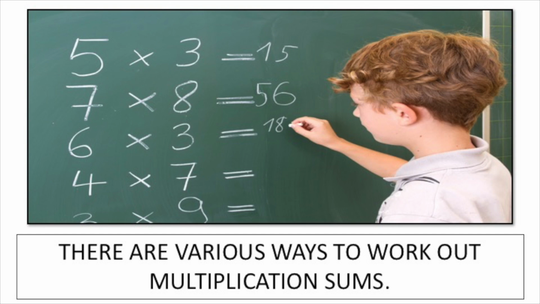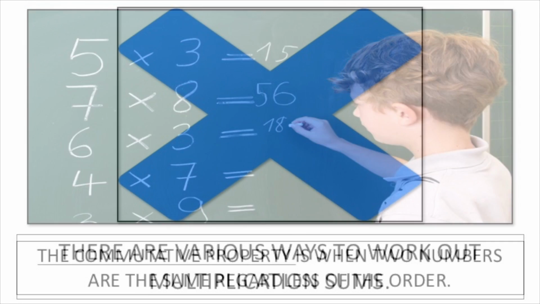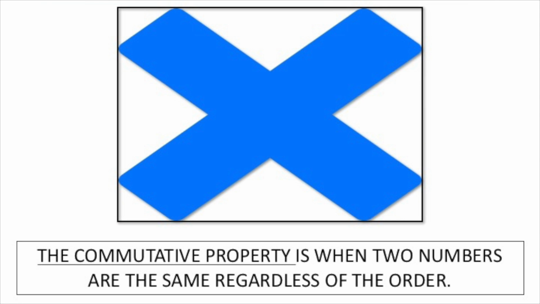Well done, guys. So remember, multiplication is always about taking the first number and timesing it by the second number. For example, 5 times 3 equals 15, because 3 5s is 15. But now we're going to learn about the 4 different properties of multiplication.